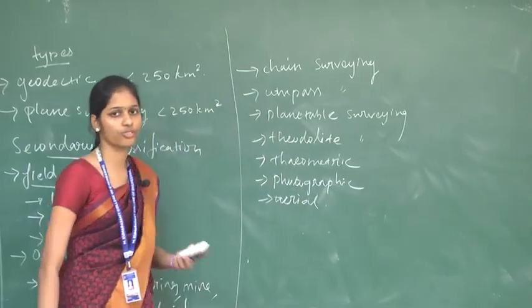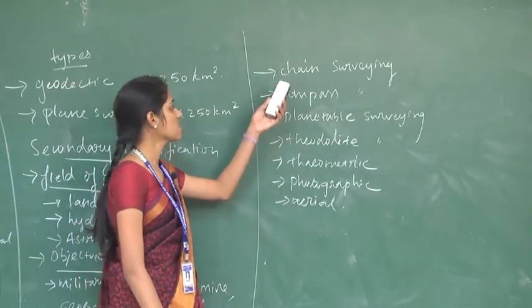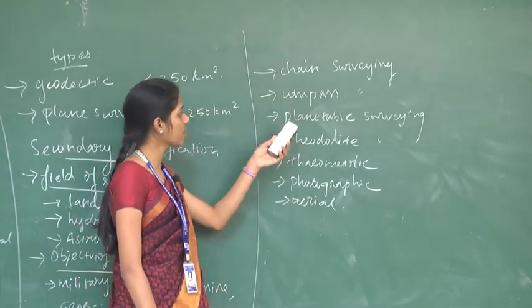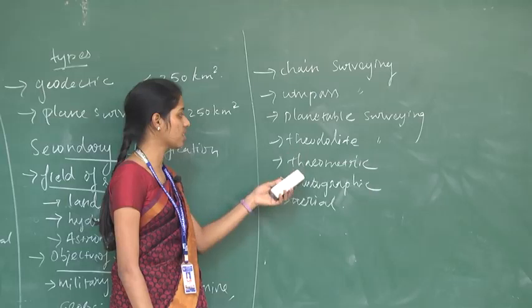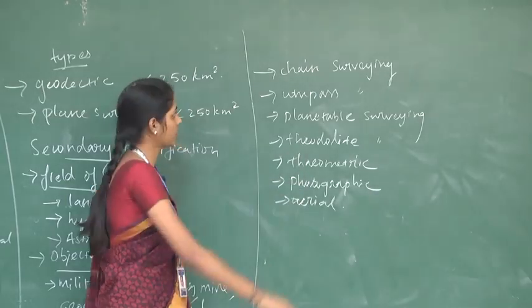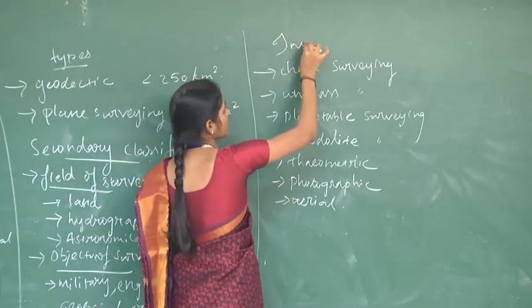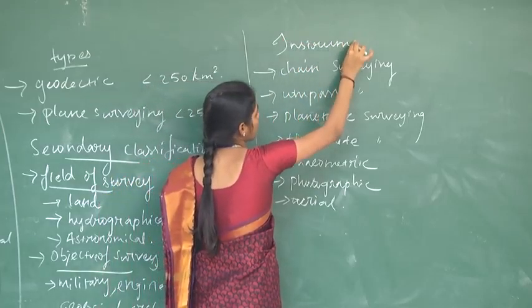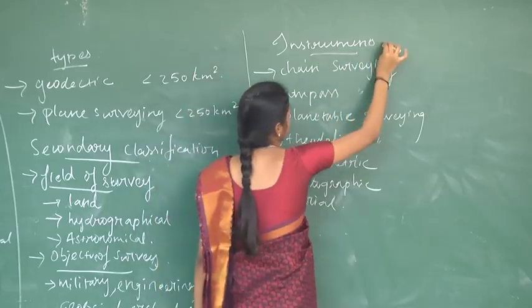Based on the instruments used for surveying, surveying is classified as chain survey, compass survey, plane table survey, theodolite survey, tachyometric survey, photogrammetric survey and aerial survey. These are the classifications coming under instruments used.